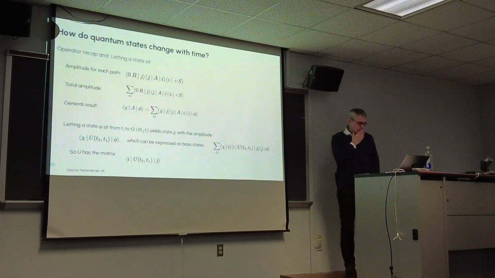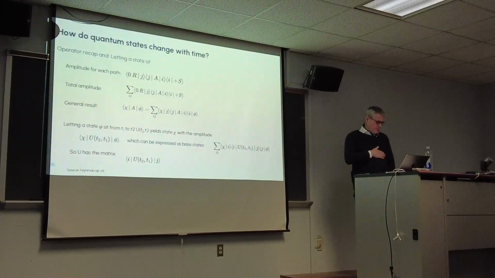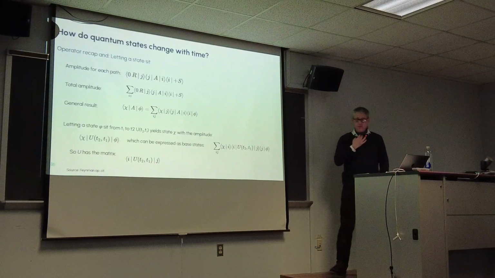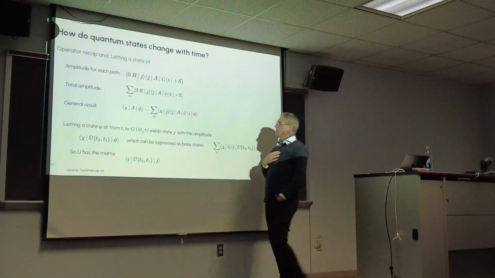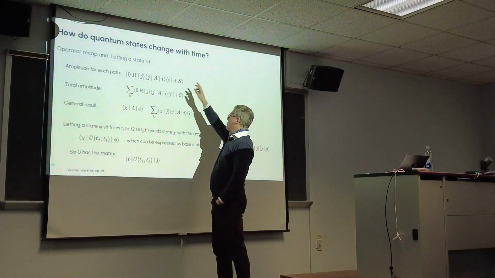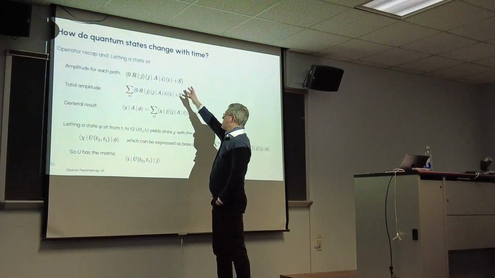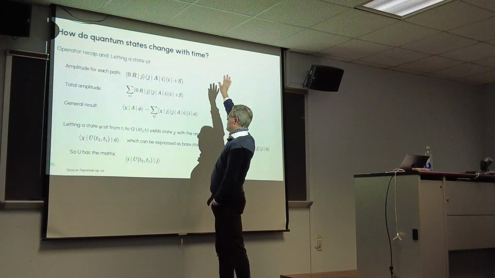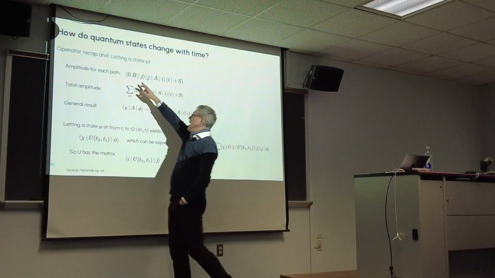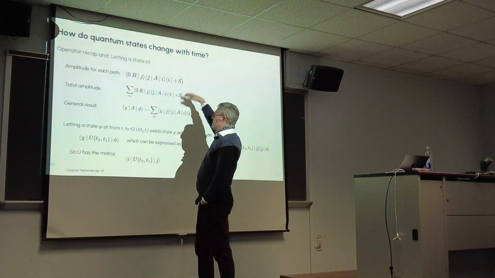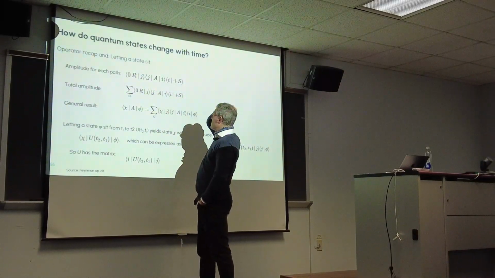Now the question is: how can quantum states change with time? So we remember we had seen with the filters the likelihood to go from the plus S state, which is created by the filter that only lets through positive spin, to the 0R state, which is the filter that only lets through the 0 spin particles.